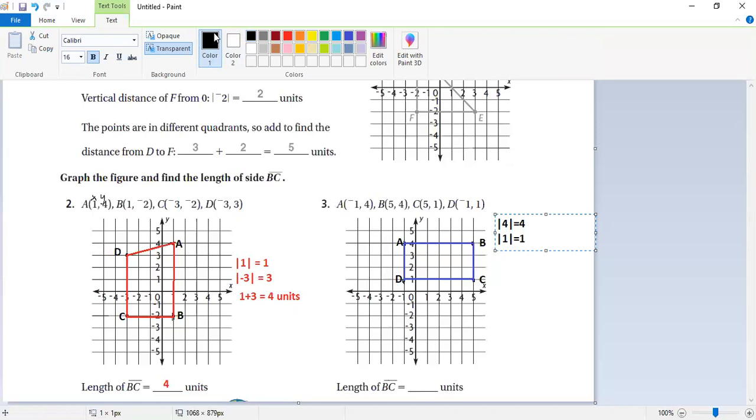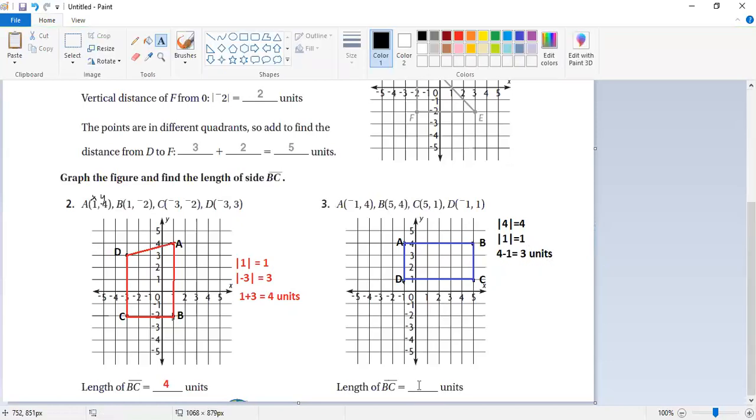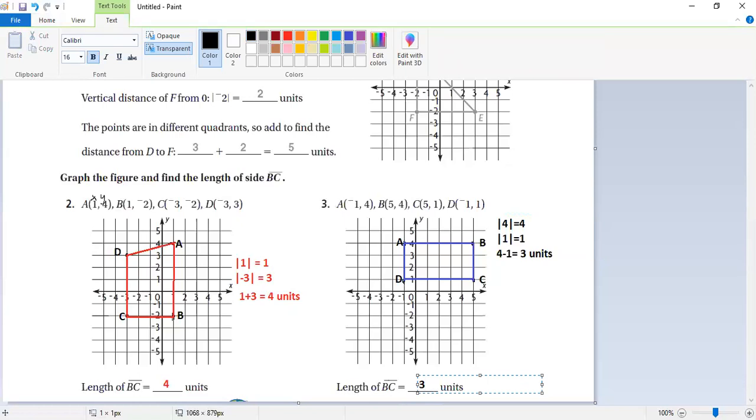So now make sure, are they both in the same quadrant or different quadrants? They both are in the same. So if they both are in the same, that means we have to subtract them, right? So 4 minus 1 equals 3 units. So your answer here is going to be 3 units.